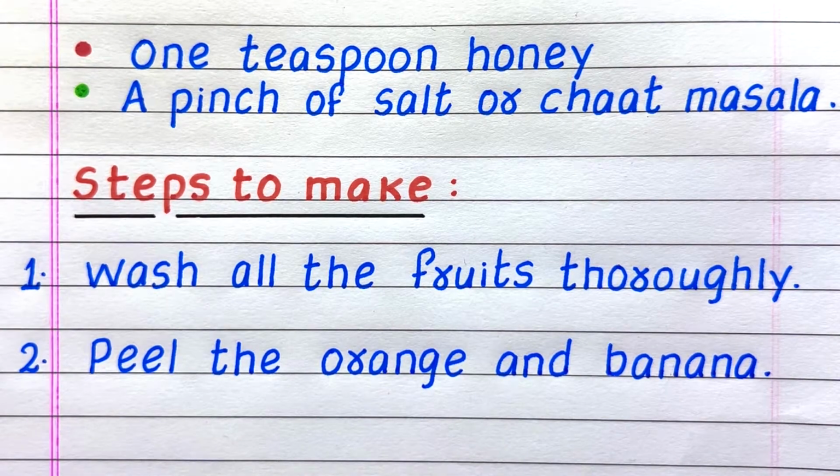Other ingredients: 1 teaspoon honey, a pinch of salt or chaat masala. Steps to make: wash all the fruits thoroughly, peel the orange and banana.